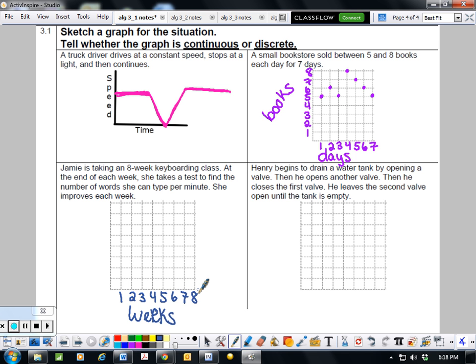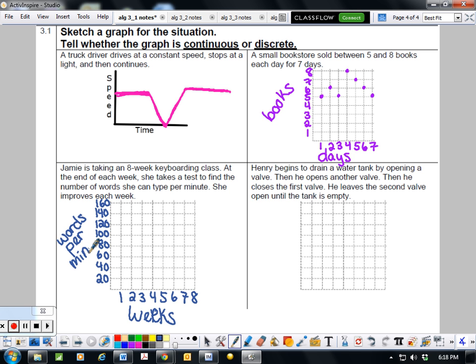And I'm not sure what the average word per minute is, but I'm going to go ahead and go by maybe 50s, or let's do 20s. So 20, 40, 60, 80, 100, 120, 140, 160. And so this is words per minute.